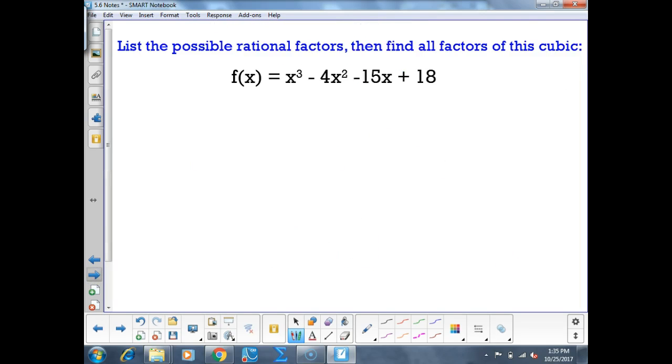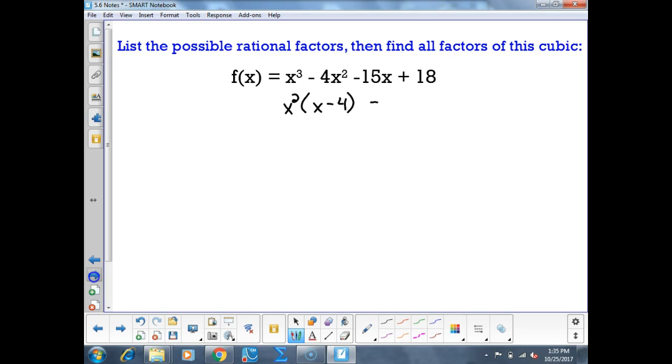Now, before I turn you loose on this one, you may be asking yourself, why can't I just use grouping on this one? It's got 4 terms, right? But if I tried to group this, I'd pull out an x squared, and that would leave me with x minus 4.